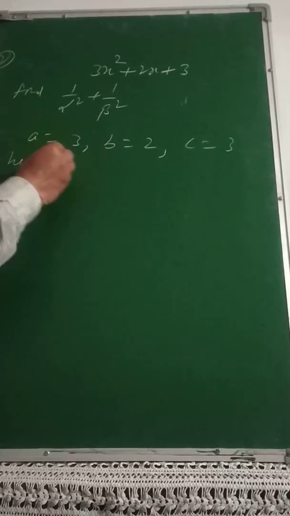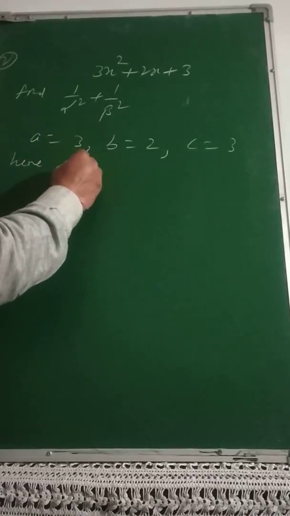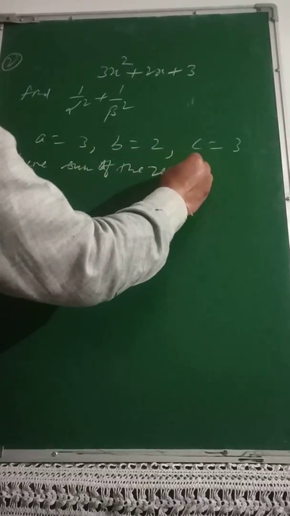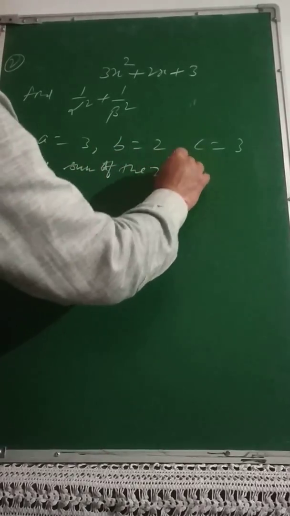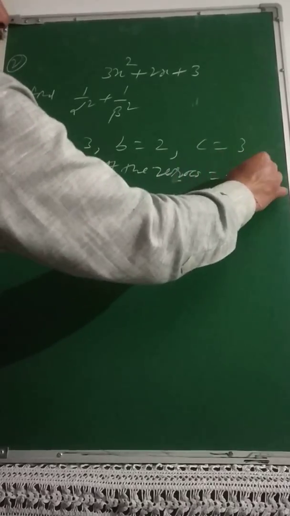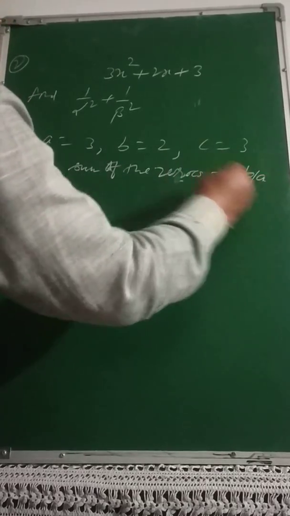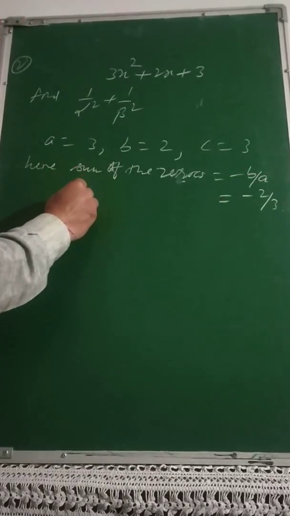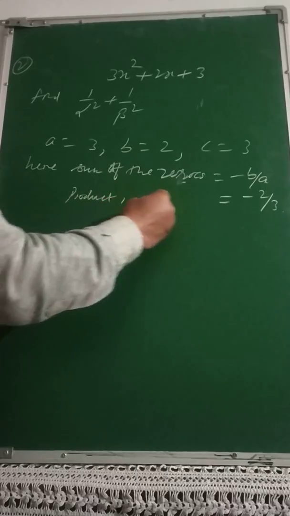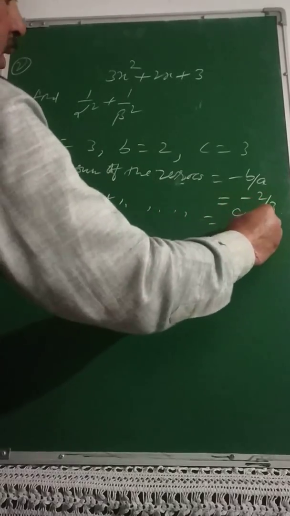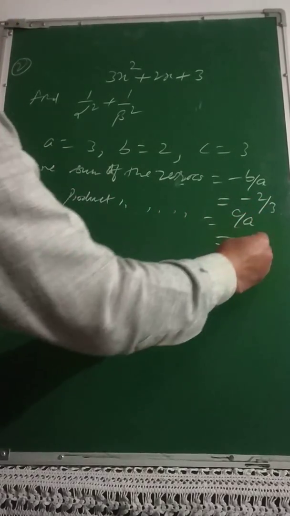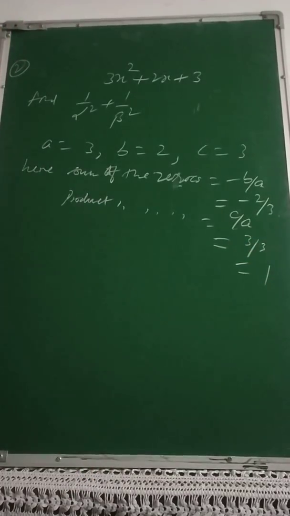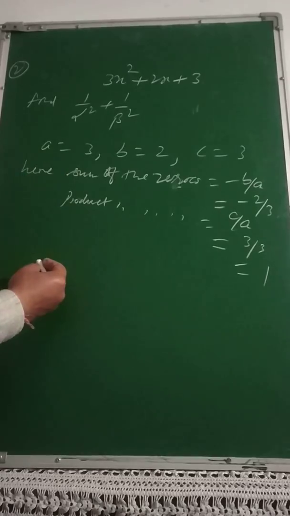So here the sum of the zeros is minus b upon a, so that becomes minus 2 upon 3, and the product of the zeros will be c upon a, so that becomes 3 upon 3 is equal to 1.